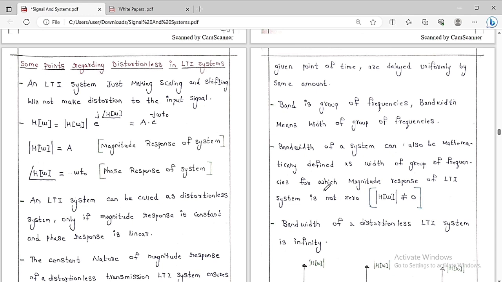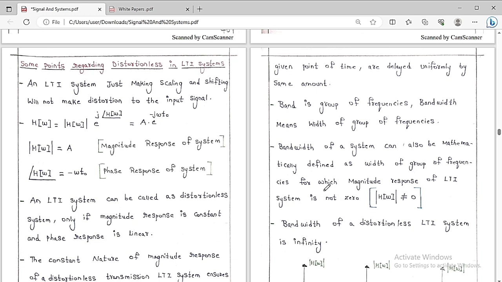So the linear nature of the phase response of a distortionless transmission LTI system confirms that all the input frequencies occurring at a given point of time are delayed uniformly by the same amount. So the same frequencies present in the input are present in the output, but delayed by a certain amount of time, that is T0.